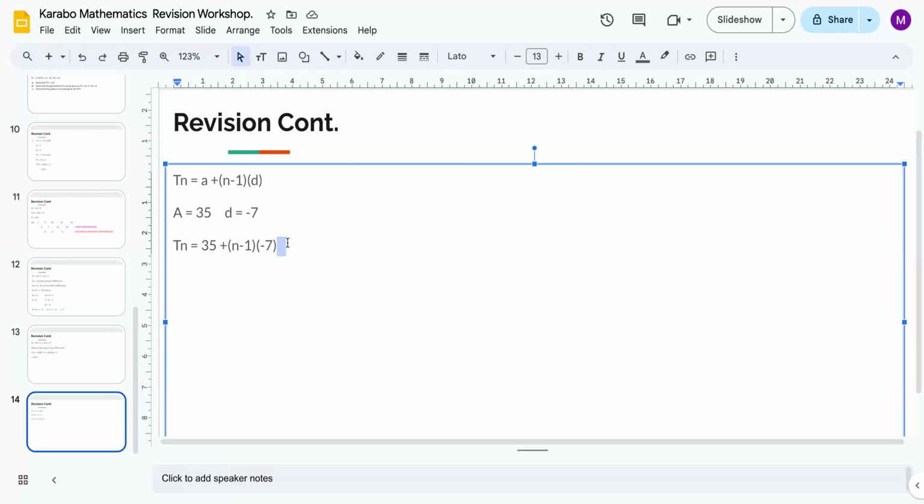So we simply substitute the -140 into our Tn. -140 is equal to 35 plus n minus 1 times -7. You could put that in your calculator quickly.